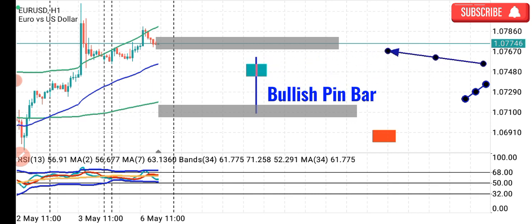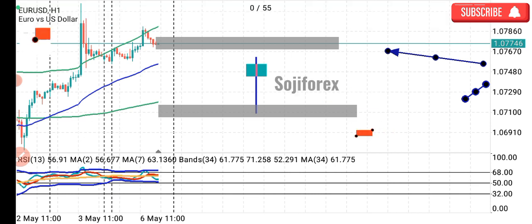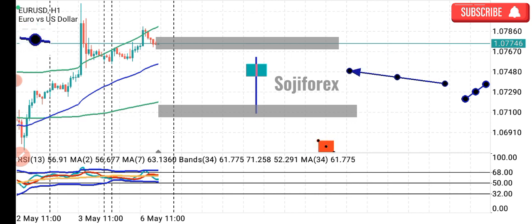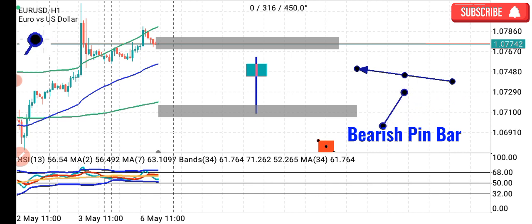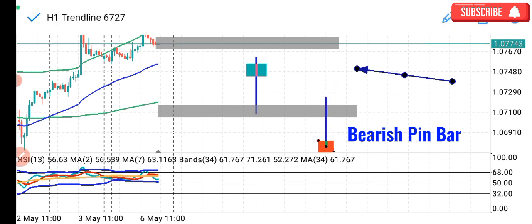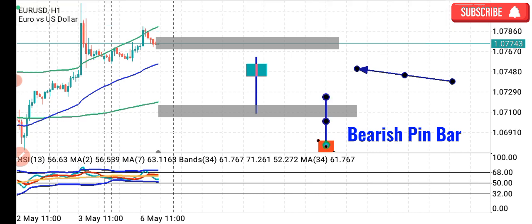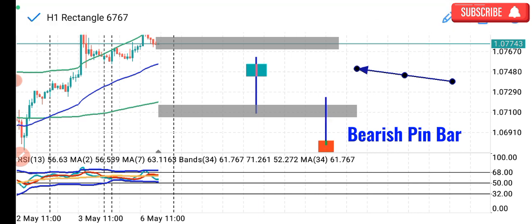And when we talk about pin bars, you should know that we basically have 2 types of pin bar, depending on where it is happening. Like this one is happening on a support zone, so we can refer to it as a bullish pin bar, and this one happening at our level of resistance, we can refer to as our bearish pin bar formation.